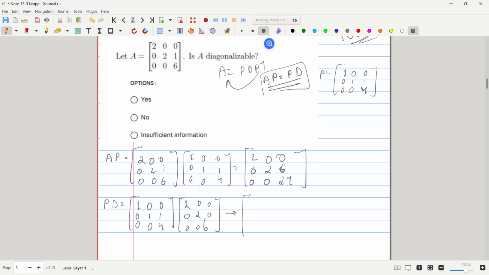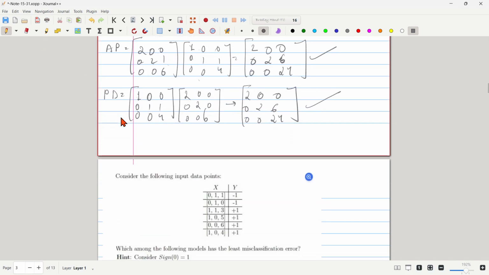Now find the product: 2, 0, 0, 0, 2, 0, and 0, 0, and 1 times 6 is 6, and 4 times 6 is 24. So as you can see, AP is equal to PD, so this matrix is diagonalizable. Okay, I hope you understand this question.